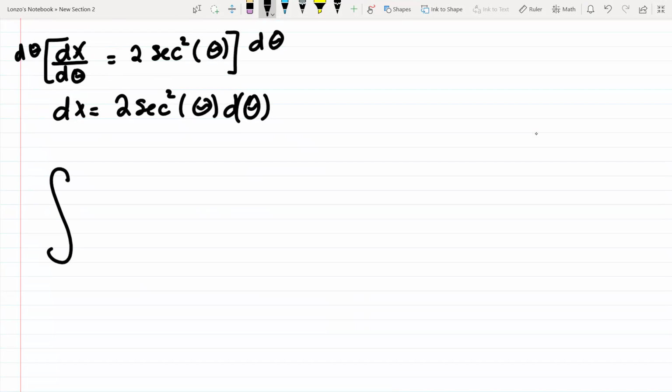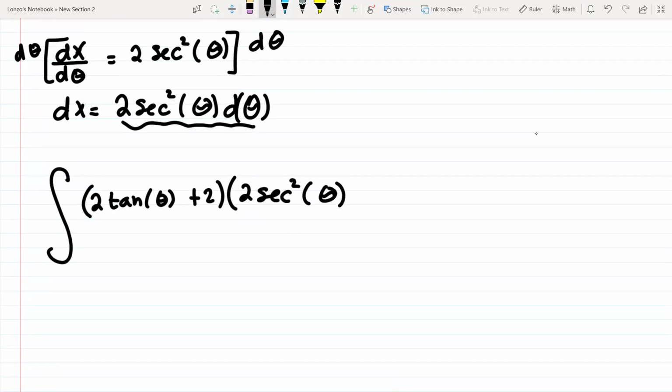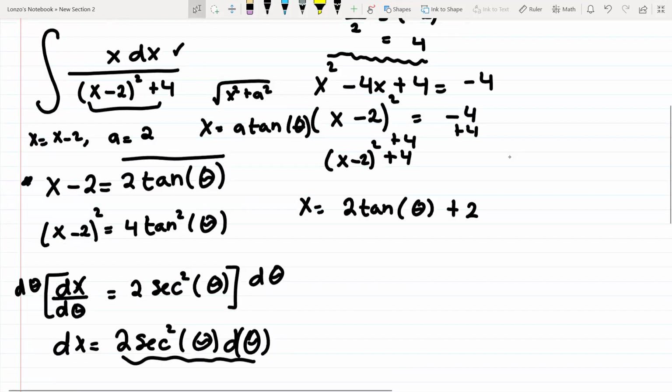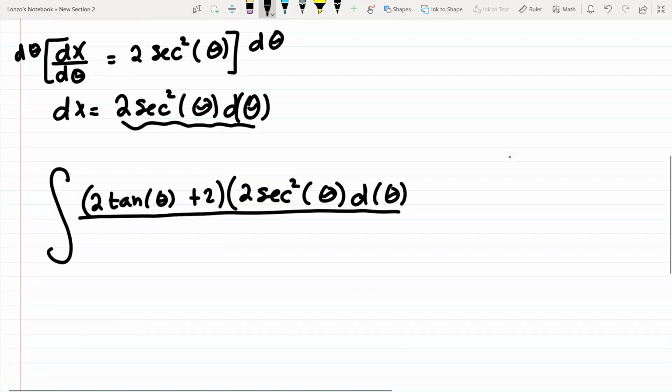The numerator is 2 tan theta plus 2 times dx, which is this whole thing, 2 secant squared theta d theta, all over, on the bottom, x minus 2 squared, which is 4 tan squared theta, and don't forget you have a plus 4 at the very end.